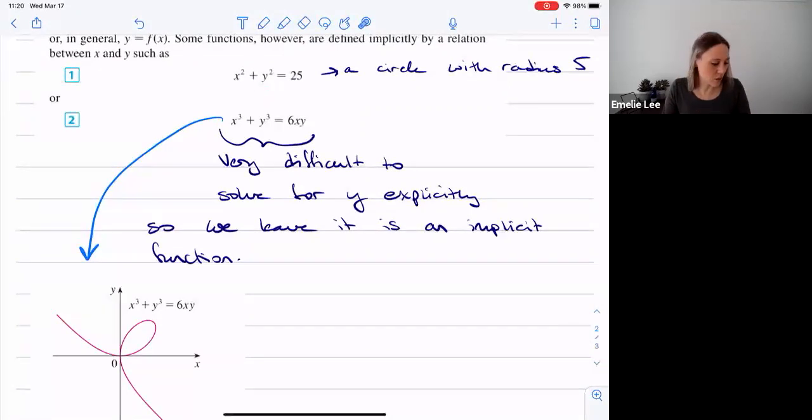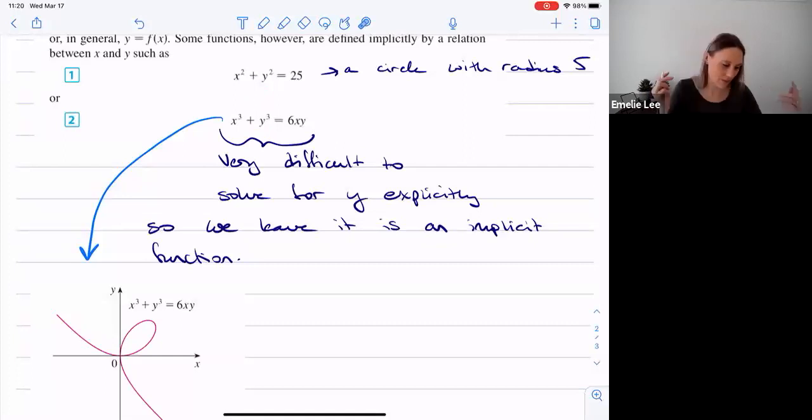So, okay, the key to implicit differentiation is to recognize that y is a function of x, right? We don't know what that function is, but that means we need the chain rule, right?